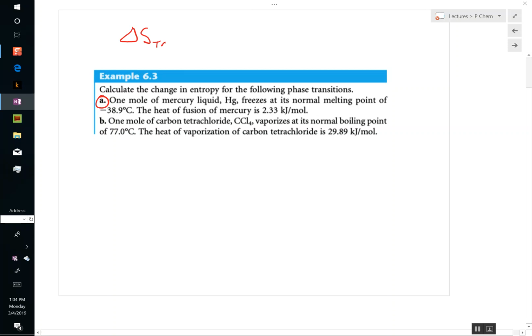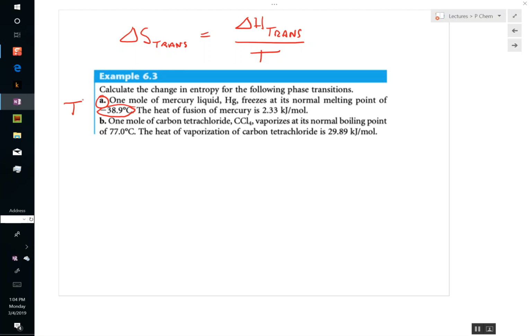The delta S of this transition equals the delta H of this transition divided by T. 1 mole of mercury liquid freezes at its normal melting point. Here's T. The heat of fusion of mercury is 2.33 kilojoules per mole.